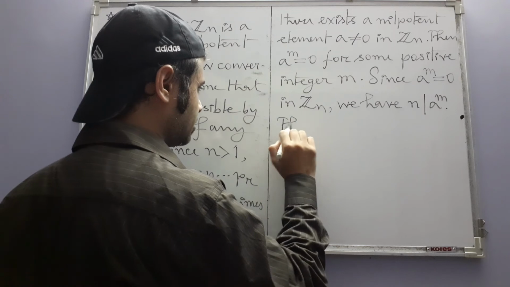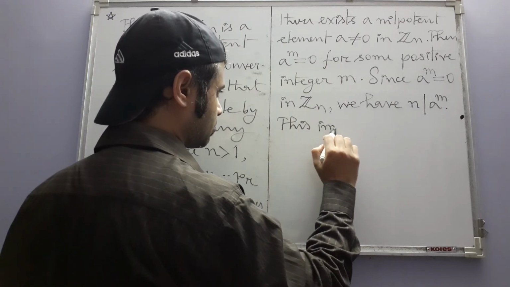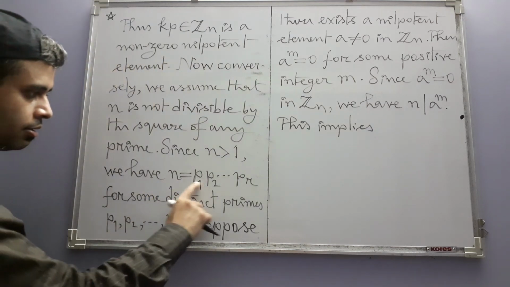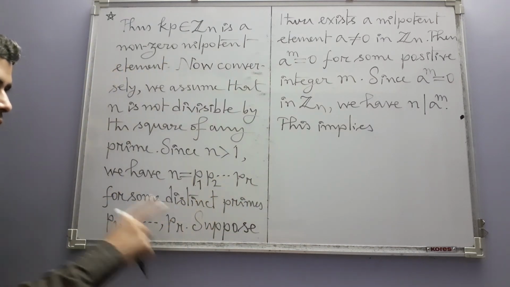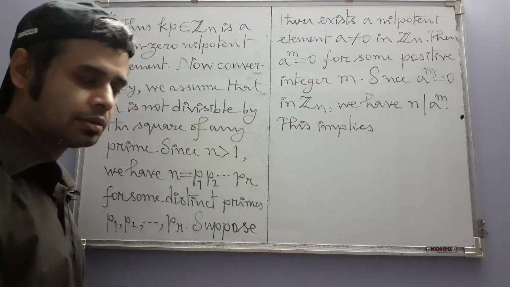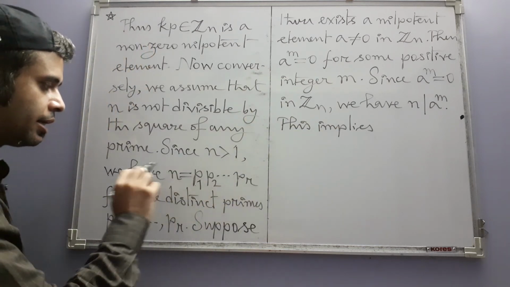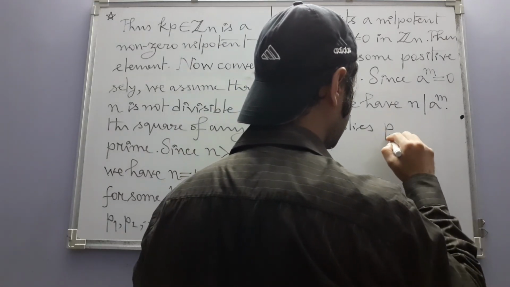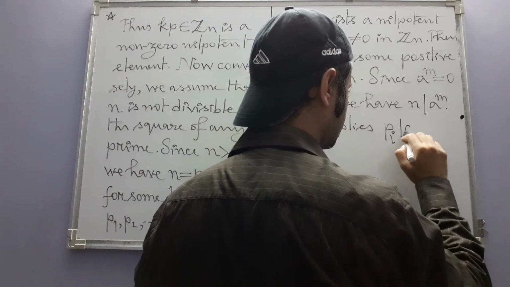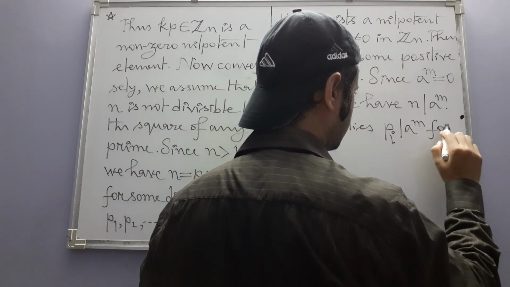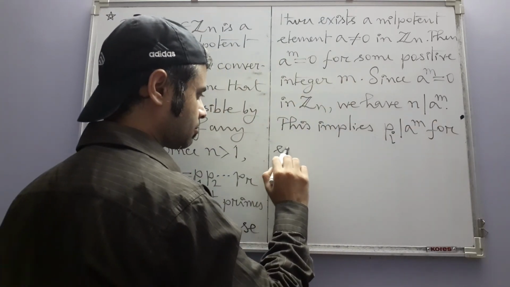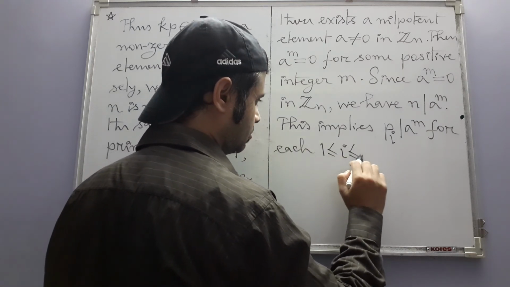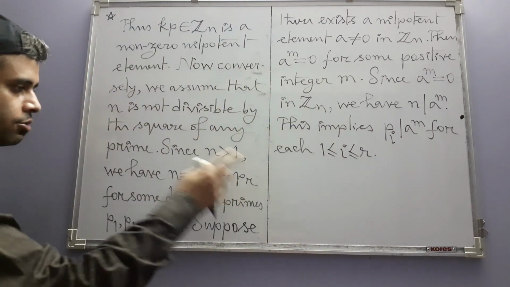This implies, because n looks like this, each pi would divide a to the power m, because each pi divides n and n divides a to the power m. So pi divides a to the power m for each i varying from 1 through r, since the pi's are prime.